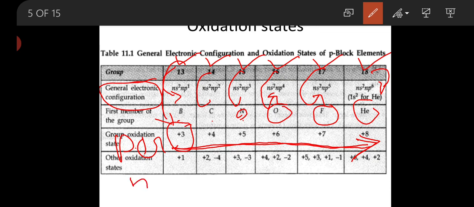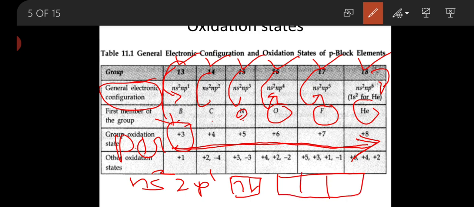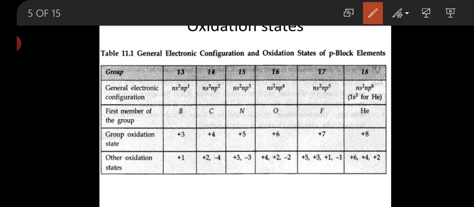Depending upon this configuration, ns has 2 electrons and np contains 1 electron. These can easily be donated because the shell is incomplete. It can easily donate 3 electrons, so the oxidation number will be +3. This is the simple oxidation number.